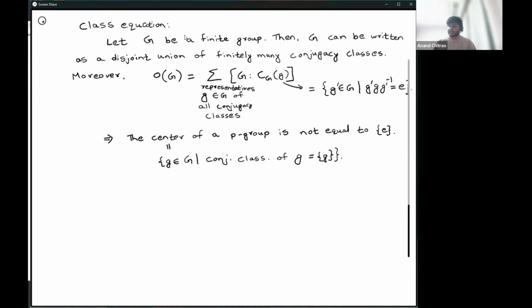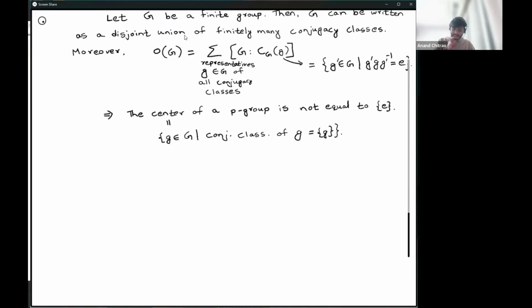Next, a natural thing that shows up after conjugation is the concept of normal subgroups. Can somebody tell me what a normal subgroup is?